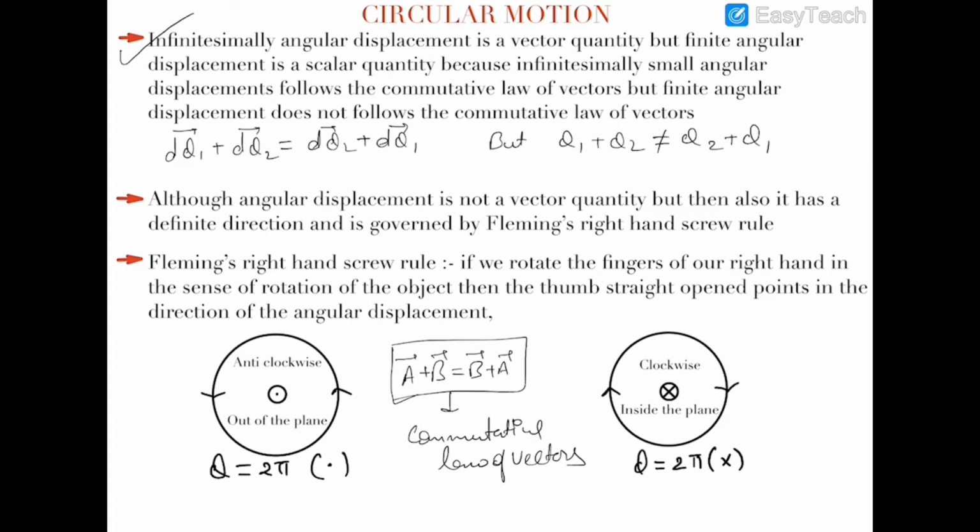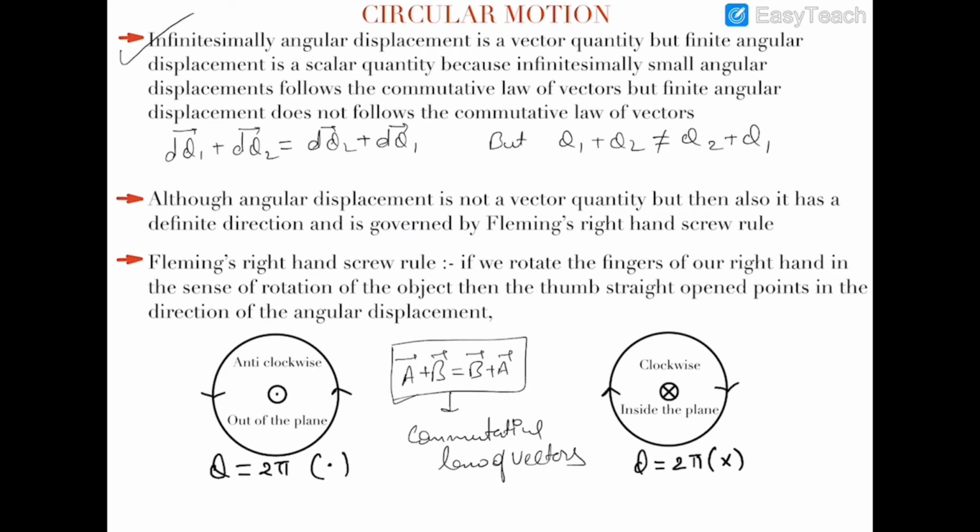So this has a definite direction which can be governed by Fleming's right hand screw rule, and I have explained that in the first figure. You can see that if the particle is rotating in the anti-clockwise sense, then if you curl your fingers along the sense of rotation and open your thumb straight, your thumb will be pointing towards yourself, and this dot will represent that the angular displacement would be towards the observer who is watching this diagram.